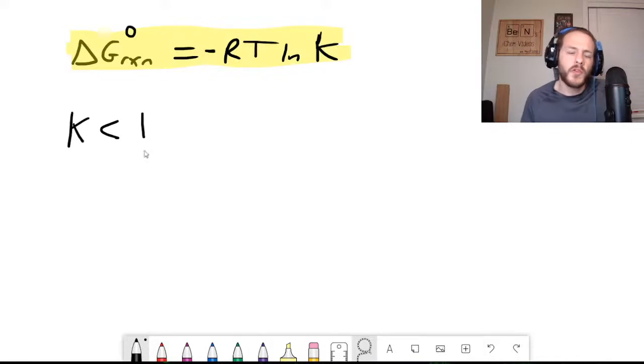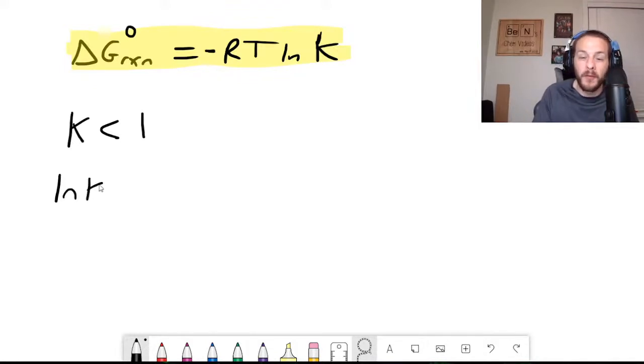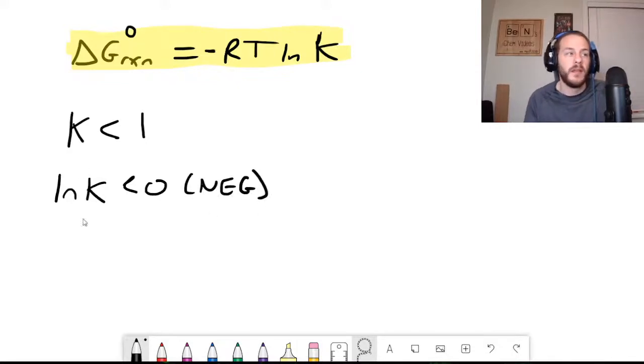And if you have the natural logarithm of a number that is less than 1, then it is going to carry a negative value. So if K is less than 1, then the natural logarithm of K is going to be less than 0. In other words, it's going to be negative.